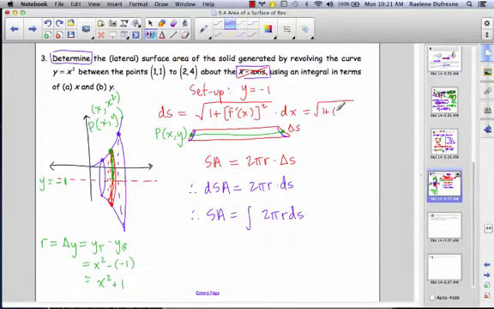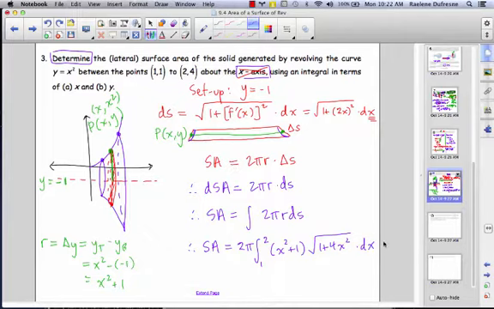So we get the square root of 1 plus 2x all squared, times dx. And we substitute in, we have to put in our bounds for x. So the surface area is equal to 2 pi times the integral from x equals 1 to x equals 2 of the radius, which is x squared plus 1, multiplied by the square root of 1 plus, we can expand this and get 4x squared, and then times dx.